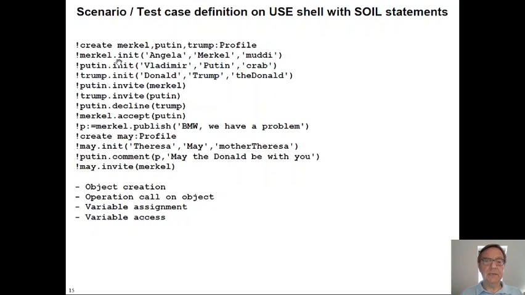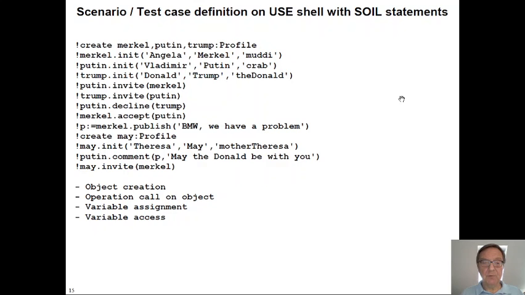Merkel is initialized with the values Angela, Merkel, and the username Mutti. And Putin is initialized with the first name Vladimir and second name Putin and username Crab, and so on and so on.